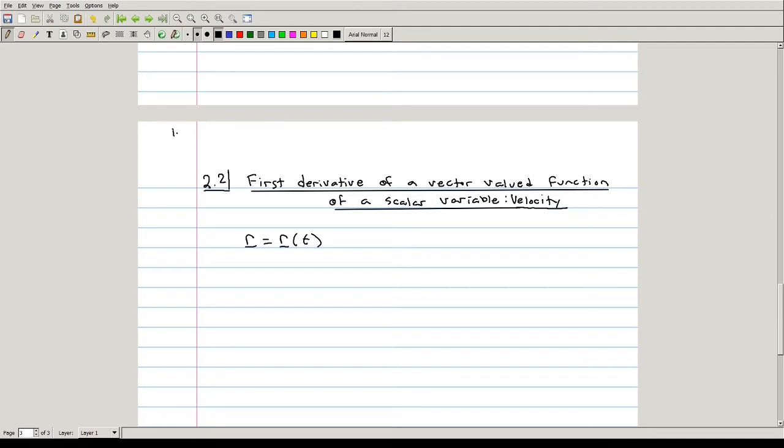So in 1D, the derivative is defined as the limit as h goes to 0 of f of t plus h minus f of t, divided by h.